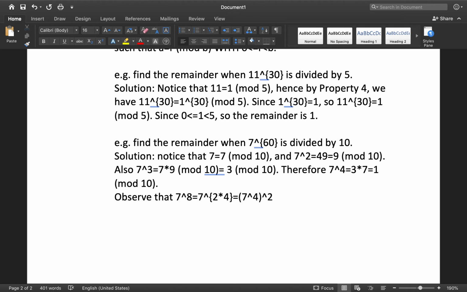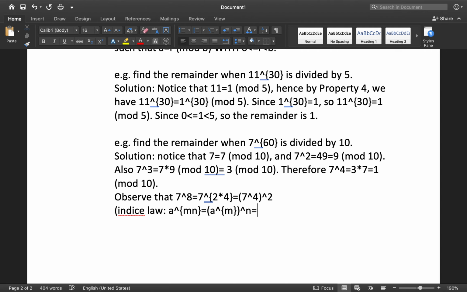So maybe I just write down the index law. For example, you have a to the power m times n. In fact, you can always split it, like a to the power m, and then you take the bracket, and then to the power n.